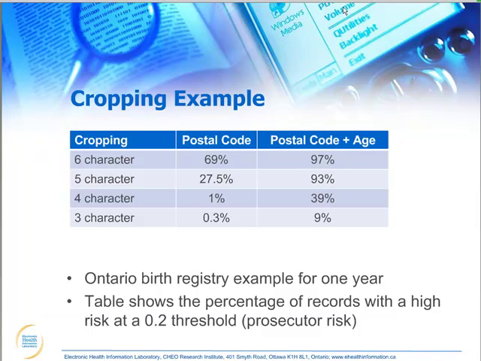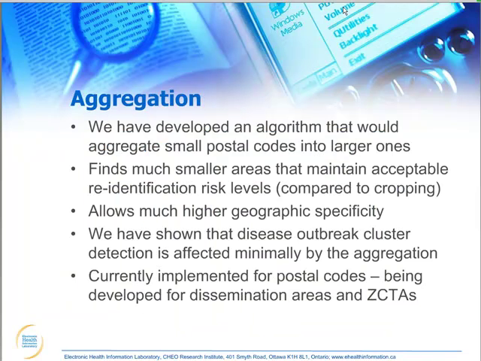This has advantages and disadvantages. The advantage is that you get much smaller areas at the end, and I'll show you in a moment, that still meet your identification risk thresholds. The disadvantage is that the geographies you end up with are not your regular geographies, so they may not match any municipal boundaries, for example.